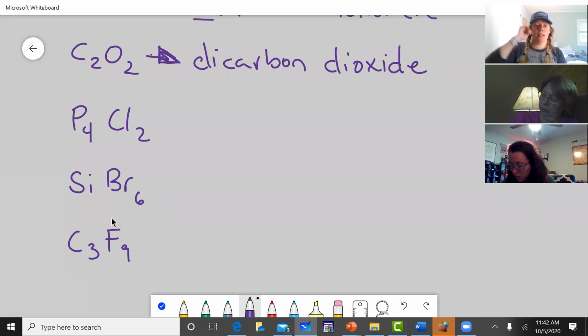P4Cl2, SiBr6, C3F9. If you didn't have the prefixes written down, you can just look up on your phone or your computer real quick, molecular naming prefixes or naming prefixes, chemistry naming prefixes, and they'll pop up for you.